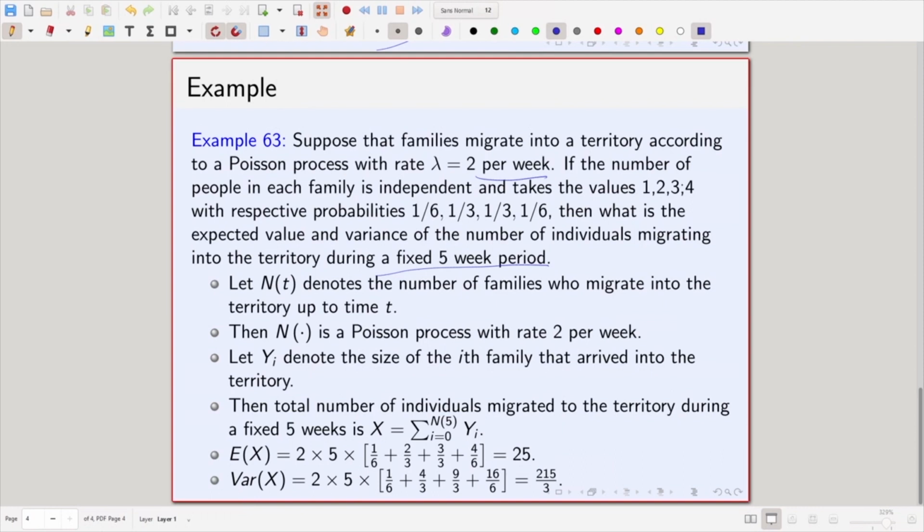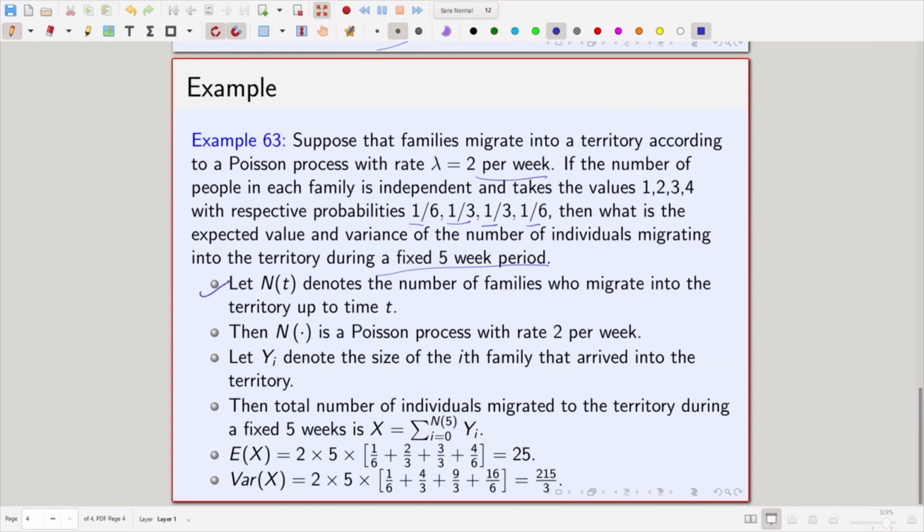So, a family, independent of everything else, will have 1, 2, 3 or 4 members with probabilities 1 by 6, 1 by 3, 1 by 3 and 1 by 6 respectively. And you are asked the mean and variance of the number of individuals who migrate into the territory in a given period of 5 weeks.